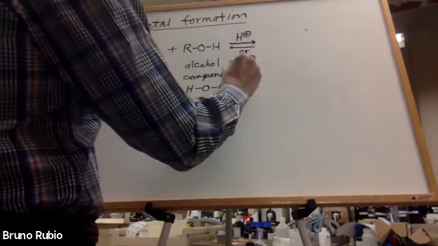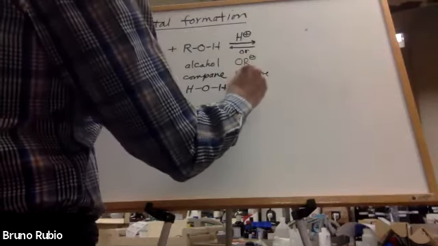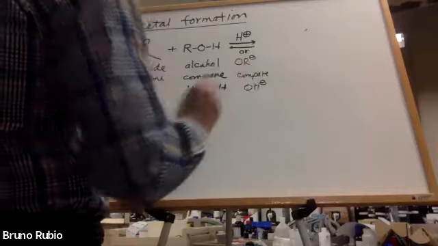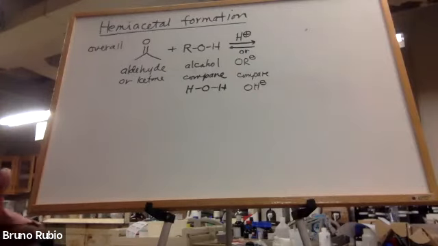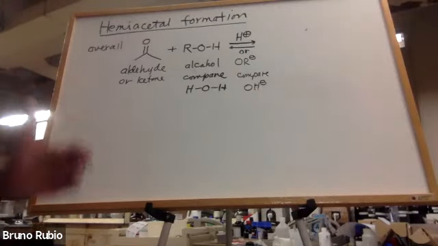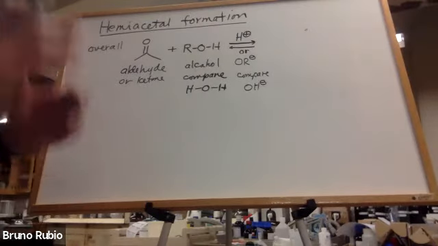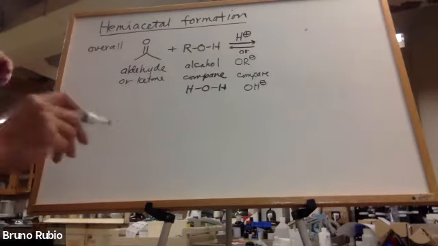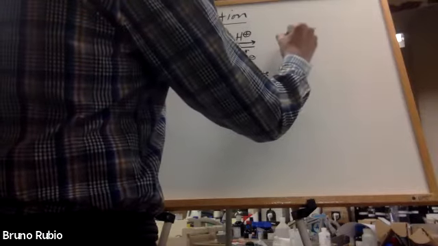So once again, just compare to what we saw under basic conditions, which was OH minus. So all I'm doing is I'm taking the water molecule, HOH, and replacing one of the hydrogens in water with an organic group. The product is very, very comparable.